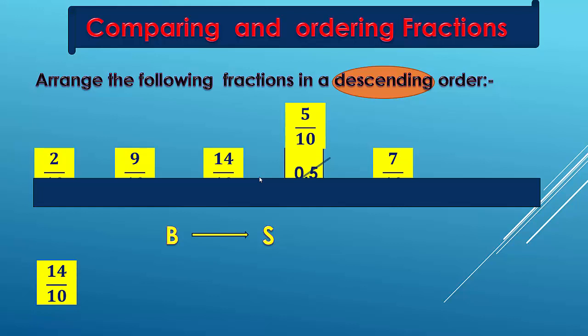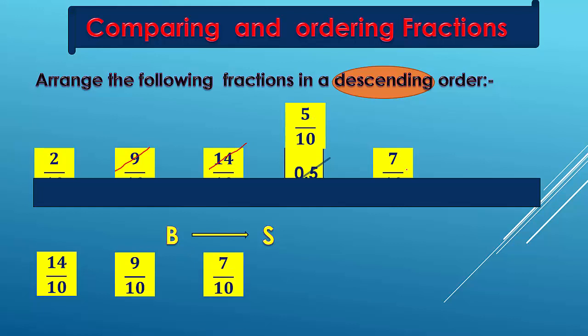So my students, the first fraction will be 14 over 10. Don't forget, my students, to cancel it. Next one is 9, so I will cancel it. Which is after 9, 2, 5, or 7? 7, teacher. So I will write 7 over 10. Don't forget to cancel the fraction.